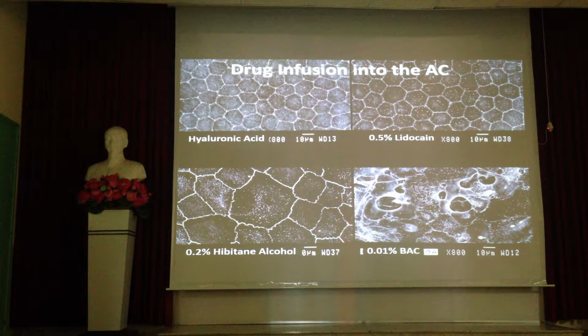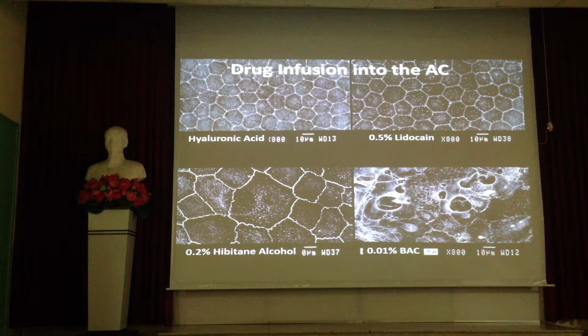So during cataract surgery, you may use some kind of lidocaine for anesthesia. I think it's okay, but if you use tons of lidocaine, it may have some kind of adverse effect. But alcohol, and preservative, is quite bad.